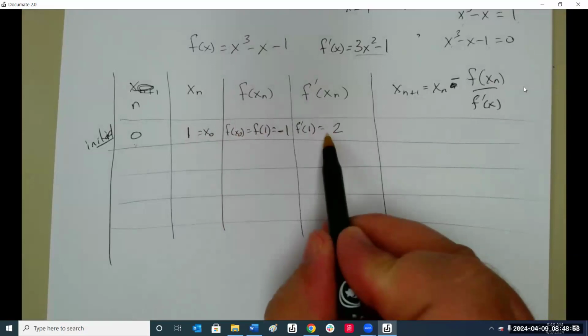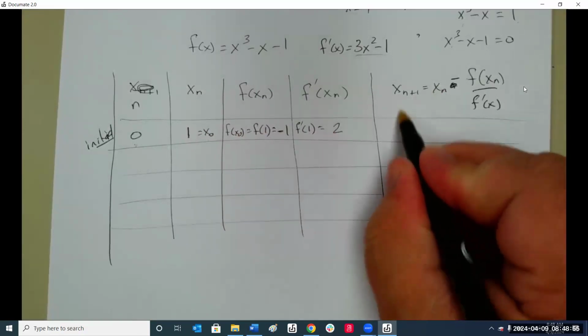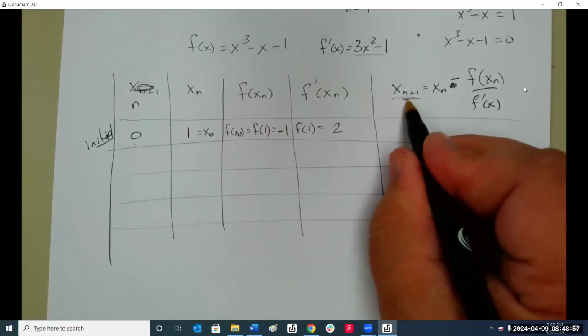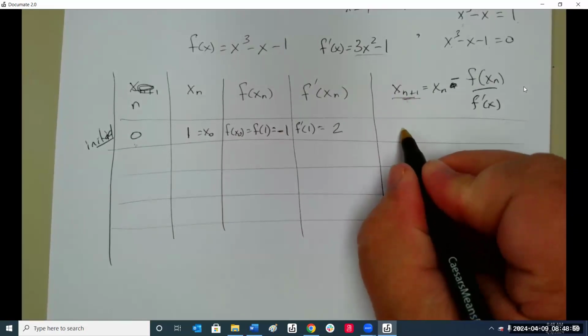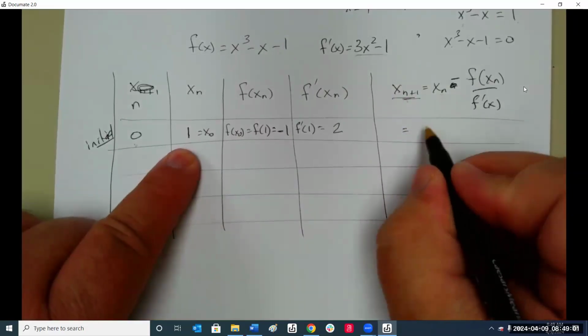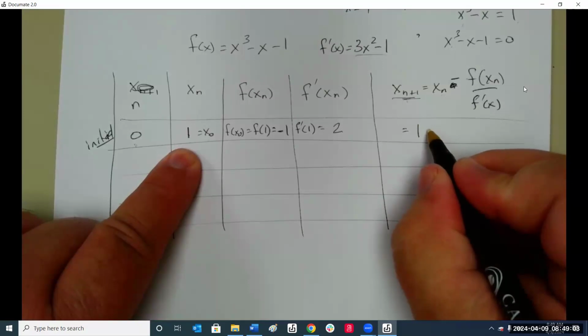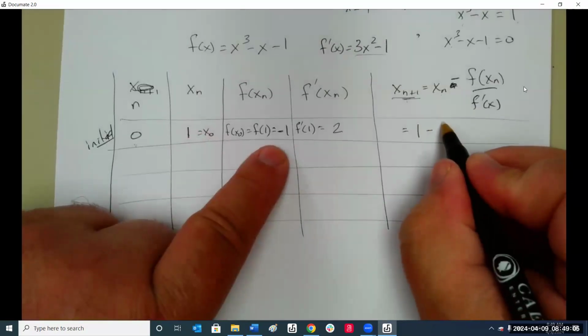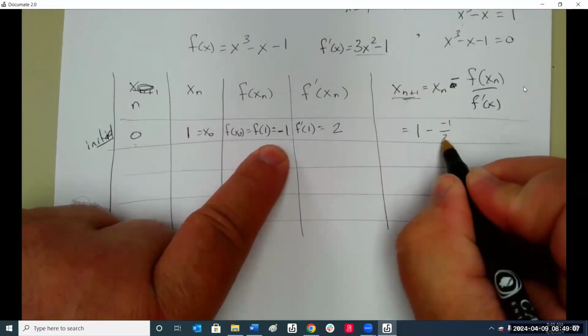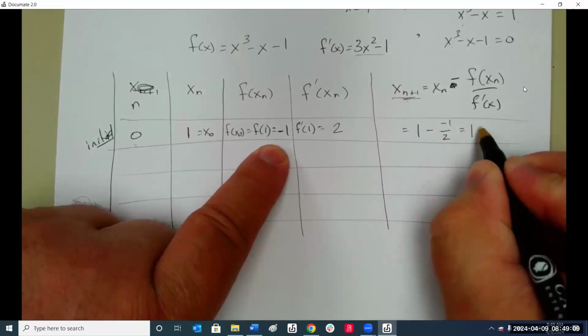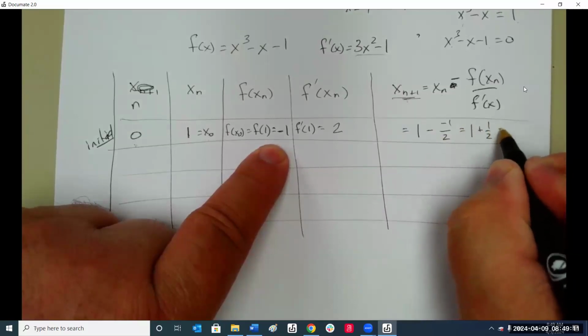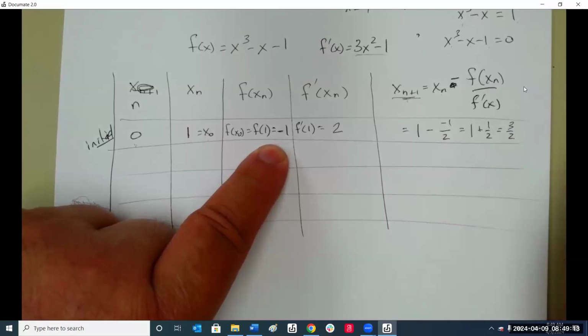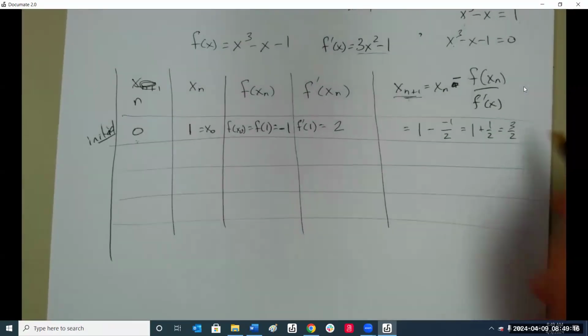I start plugging those inside the function. So now I'm finding the next x value, which is x sub n was 1 minus negative 1 over 2, which is 1 plus 1 over 2 makes it 3 over 2, or 1.5.